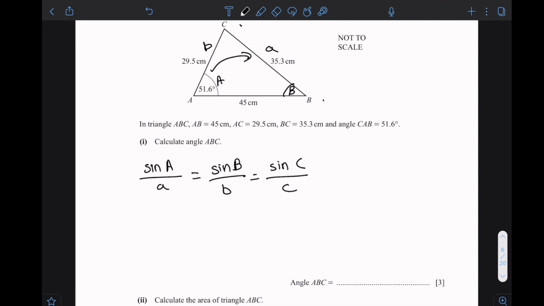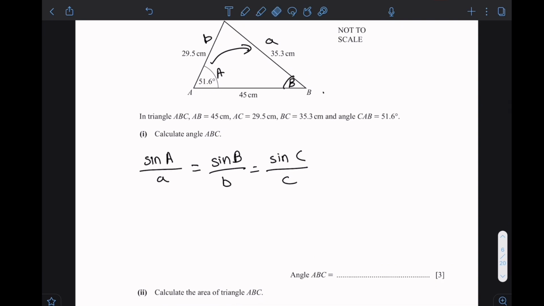Now if you want to calculate ABC, I'll substitute x for it. So you do sine 51.6 divided by 35.3, which is equal to sine of x divided by 29.5.